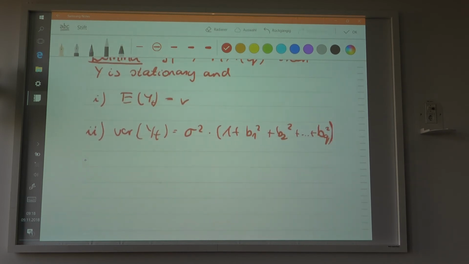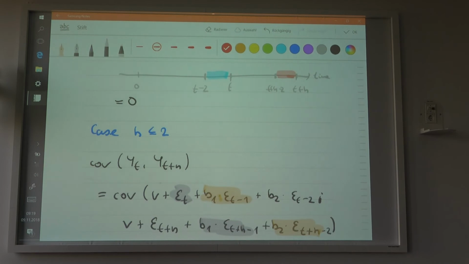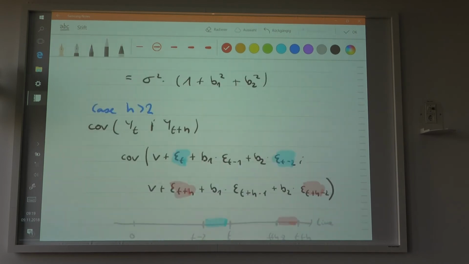And the covariance. If you want to generalize that, the covariance will have two cases. The covariance will be equal to 0 if the lag is greater than the order of the process.